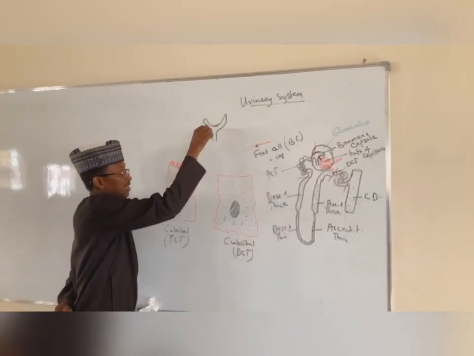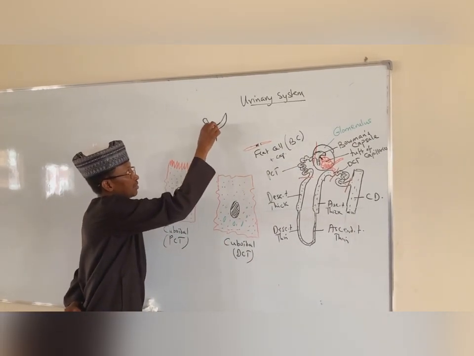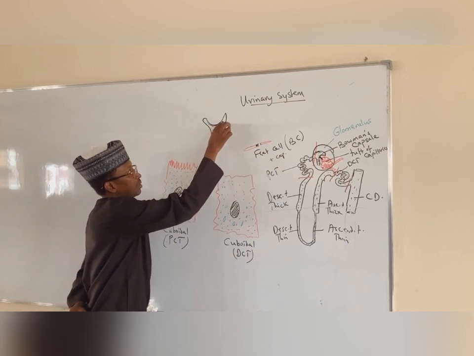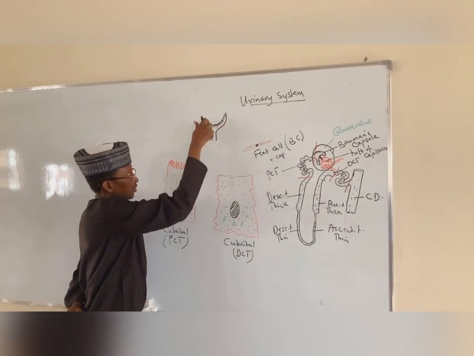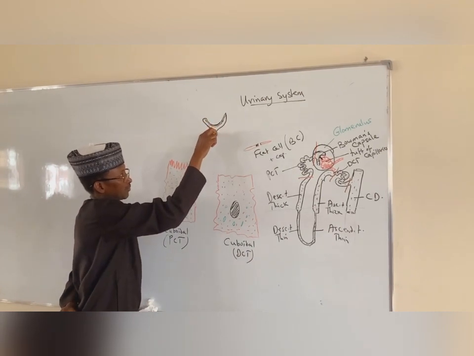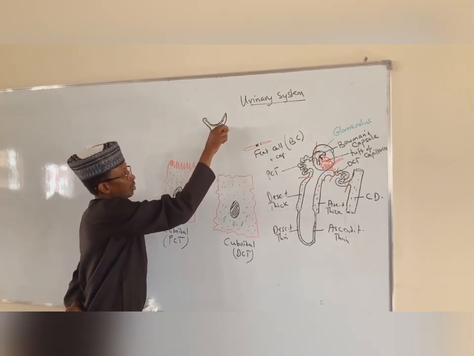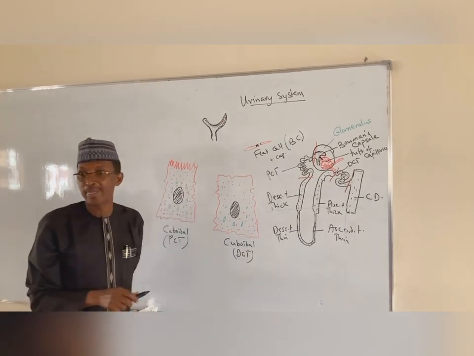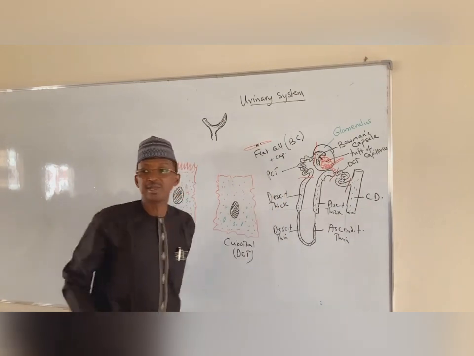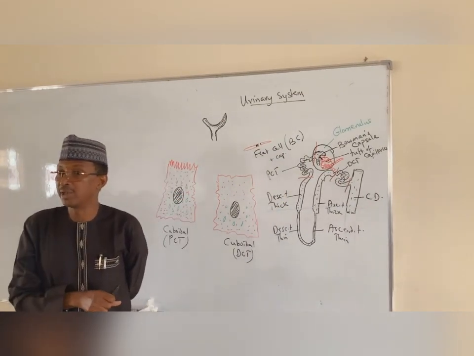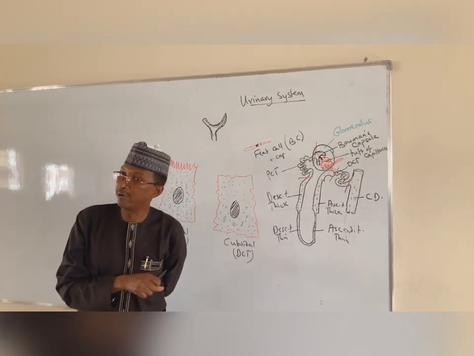Each of these layers is lined by single flat cells. So you have flat cells like this one, all lining the Bowman's capsule. The Bowman's capsule in each area here is lined by this simple squamous epithelium.